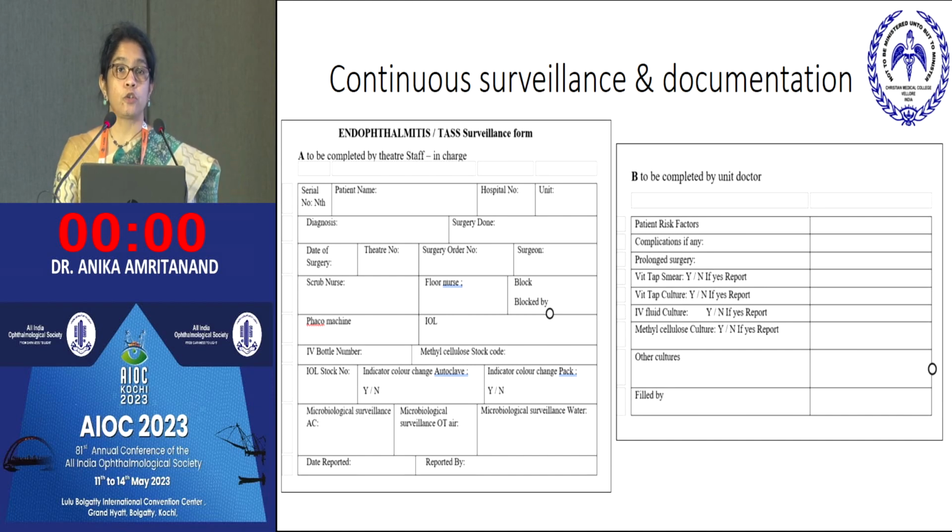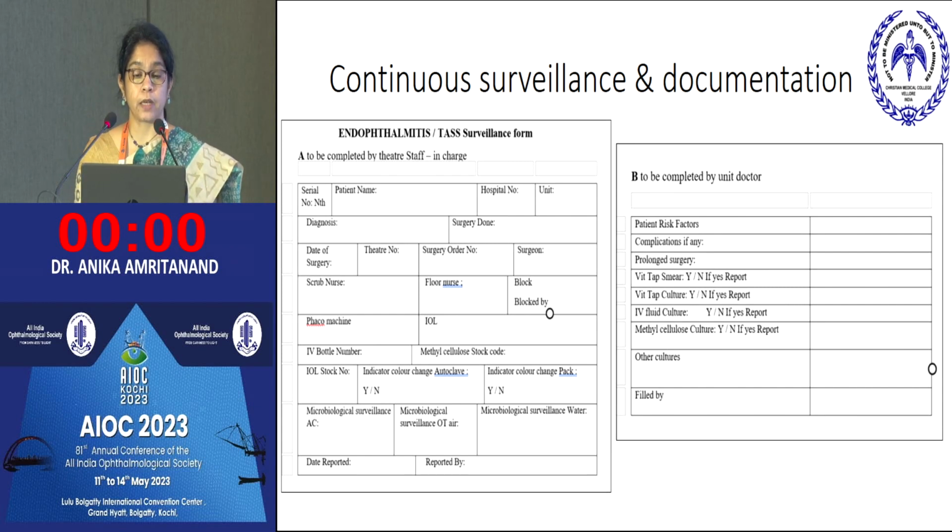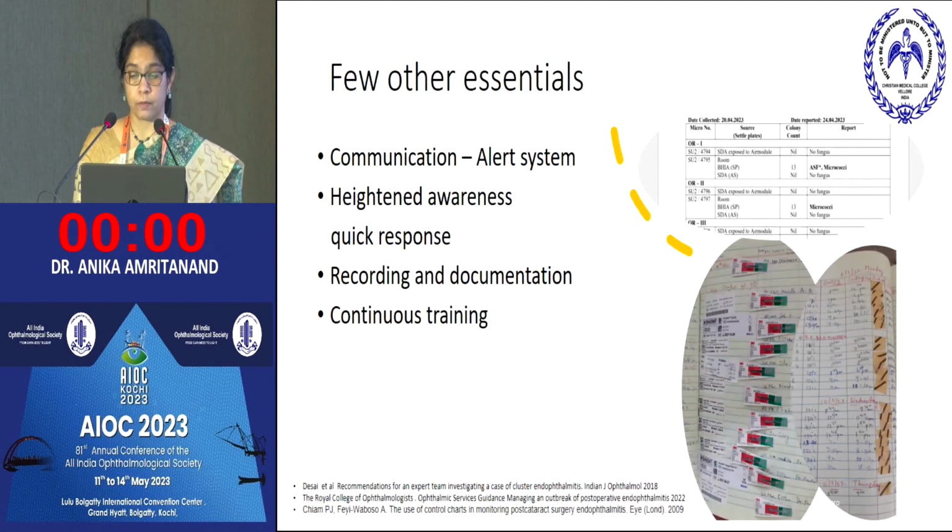This does not need to be filled for each patient, only for the patients with suspected ENDOPH or TAS, but the source of these data points needs to be there in your system so that they can be collected and documented and proper sense made out of what we have done so that our investigation is focused.